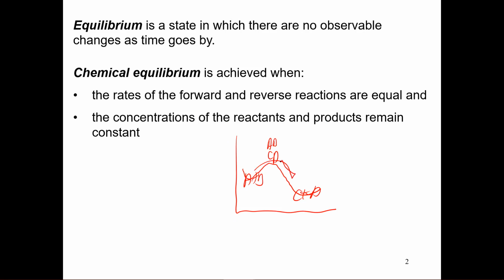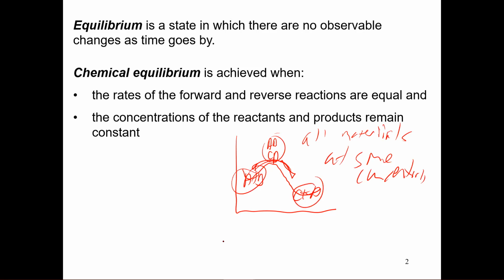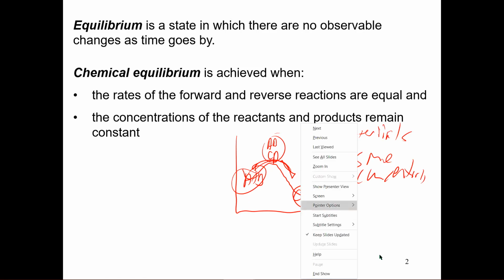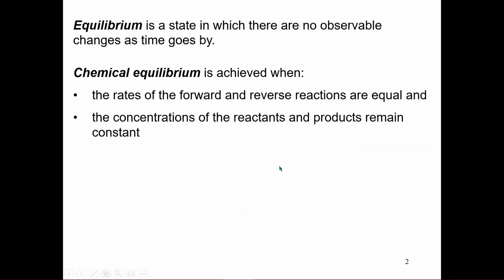It'll go over here and back that way, and you will have all of the materials at some concentration: the intermediate form, the A and B, and the C and D, because it'll go back and forth across that whole curve.